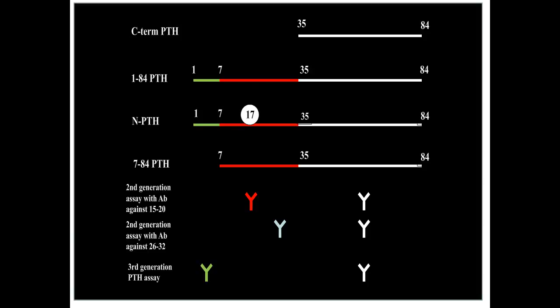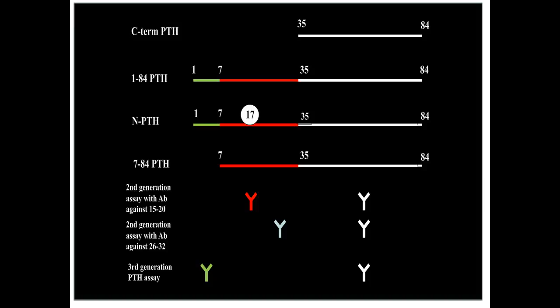Most capture PTH by a C-terminal antibody and use varying detection antibodies to some region within the first 30 or so amino acids. And as I mentioned to you, because of this one labeled 7 to 84, which is actually a family of PTH fragments, if this is detected by your assay, then it can cause significant problems, as we'll get to in a minute.